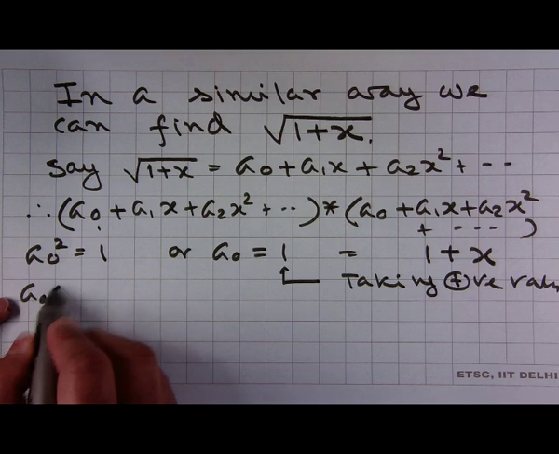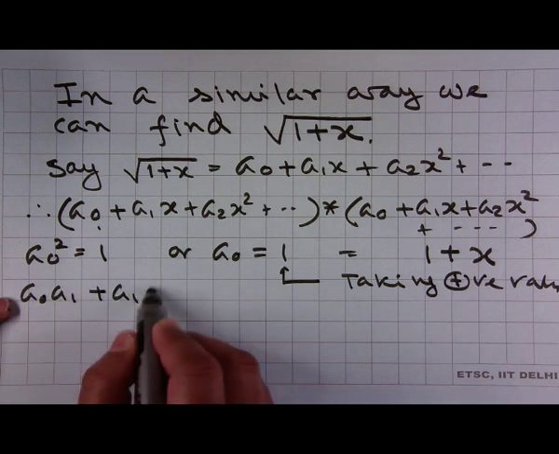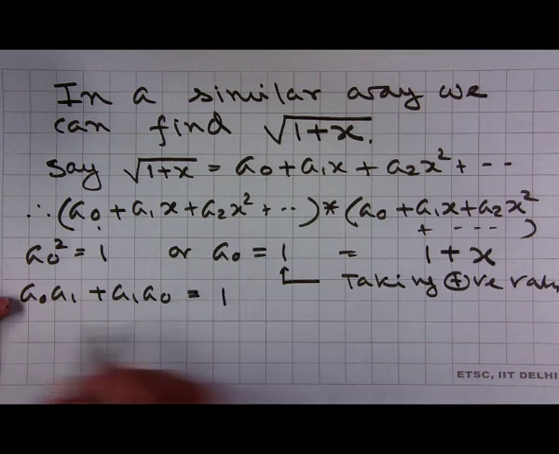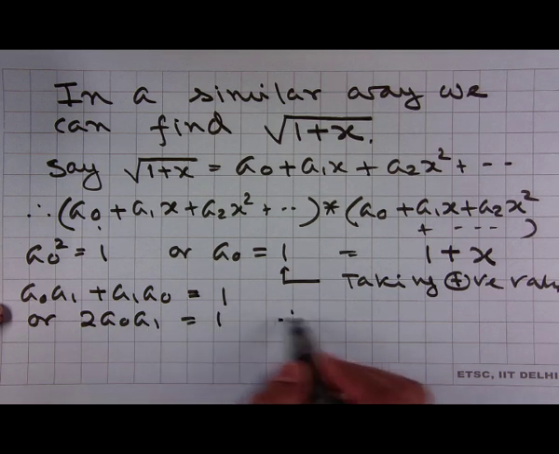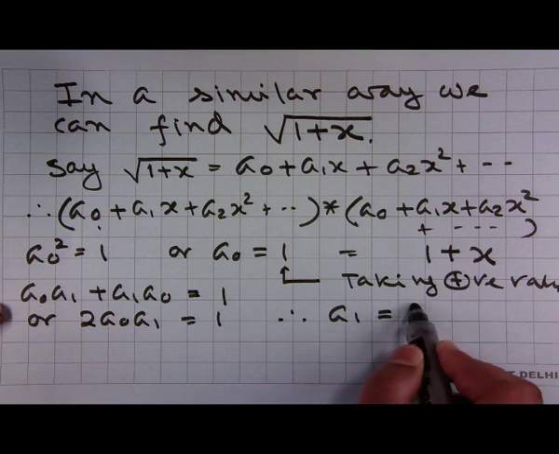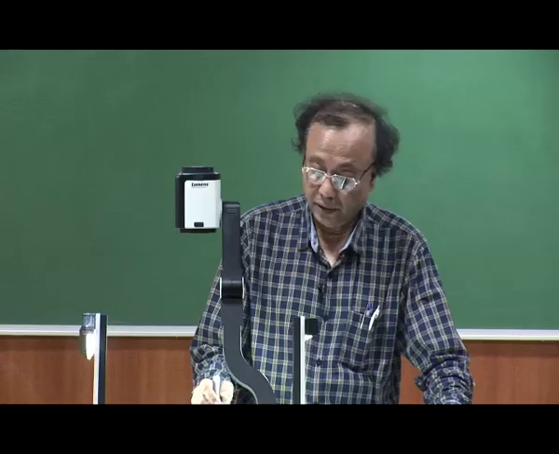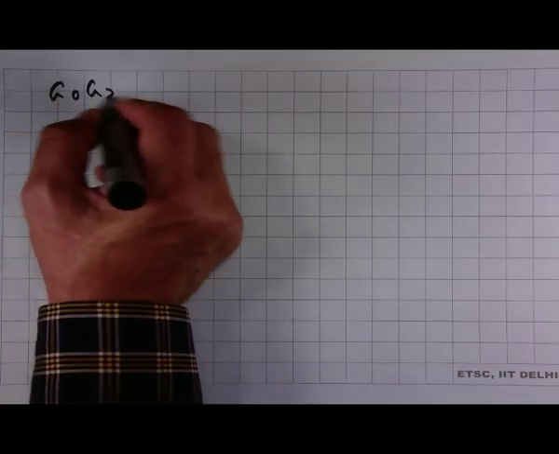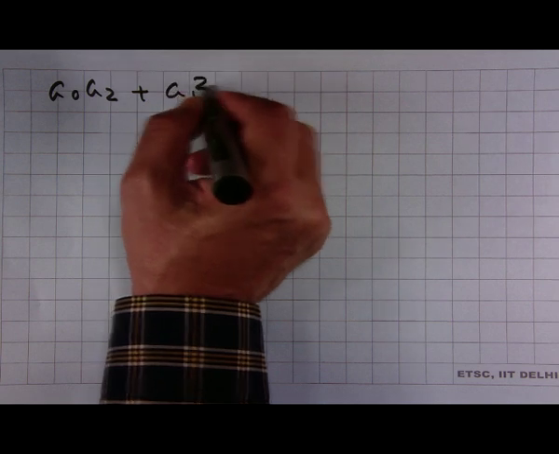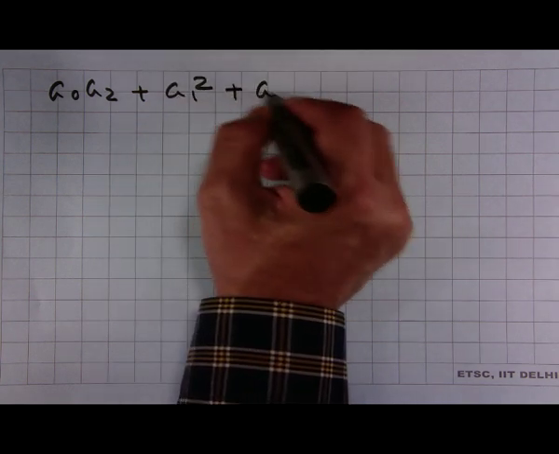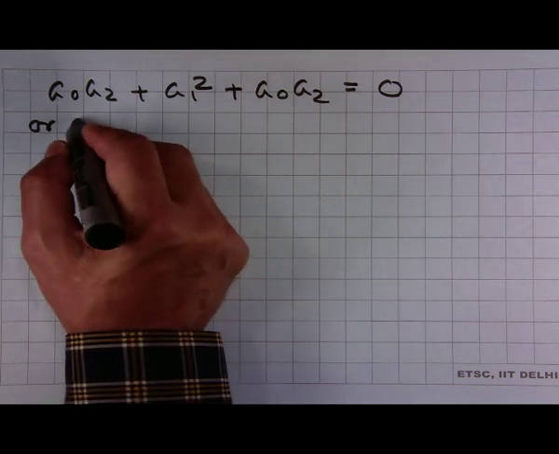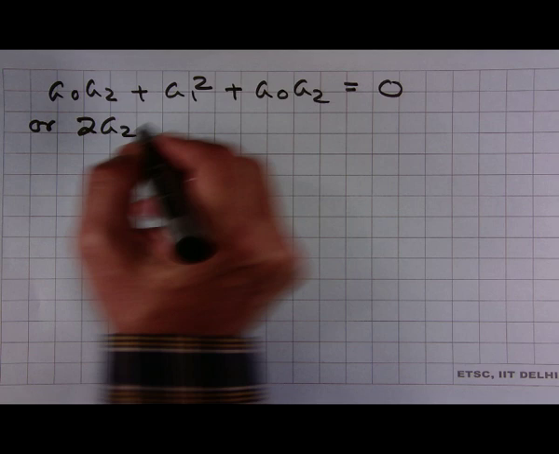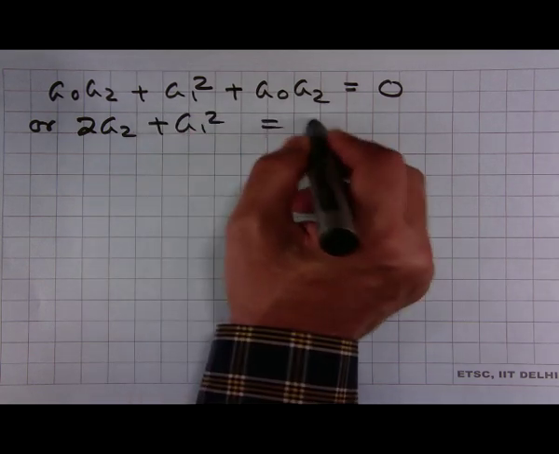a0 a1 plus a1 a0 is equal to 1 or 2 a0 a1 is equal to 1. Therefore, a1 is equal to half. a0 a2 plus a1 square plus a0 a2 is equal to 0 or 2 a2 plus a1 square is equal to 0.